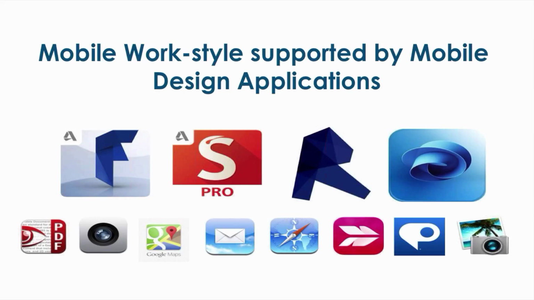So, for example, I try to focus on using my iPad. There's a series of apps that I use, one being FormIt, which I use pretty intensely. I use that in combination with Sketchbook Pro to help communicate ideas.